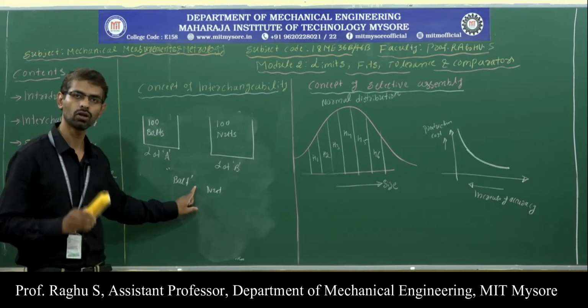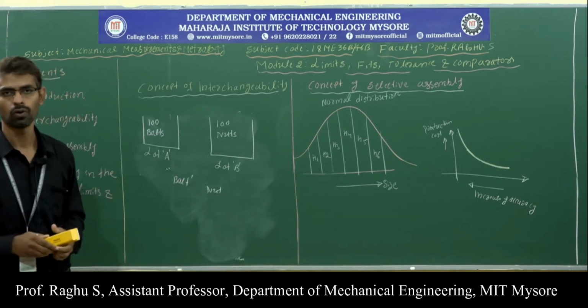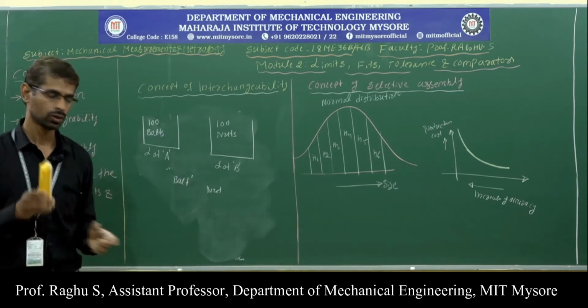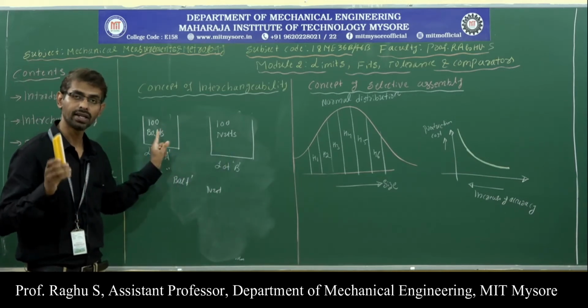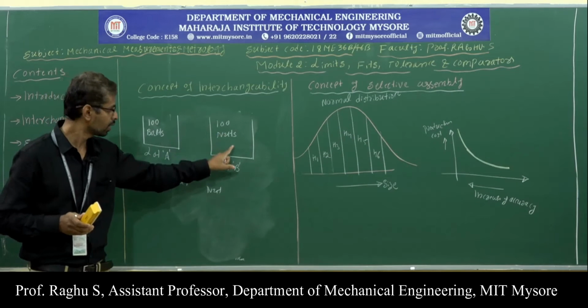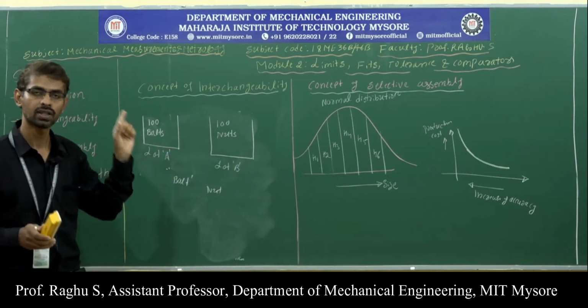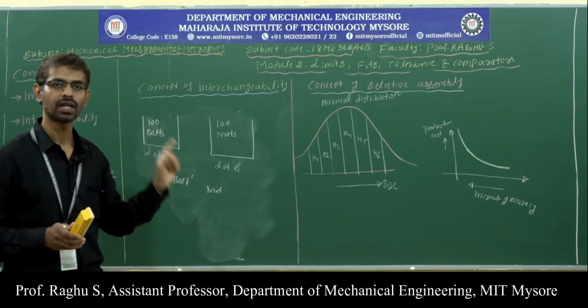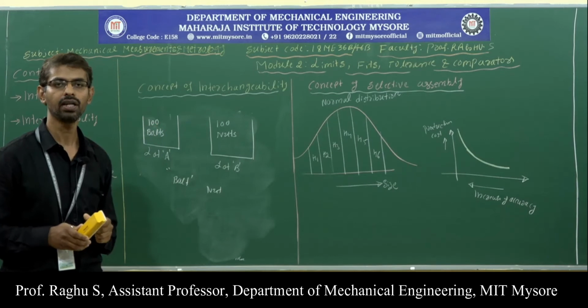If the assembly is not successful, then interchangeability is not followed. Consider 100 bolts and 100 nuts, take any one component randomly from each, and assemble these two elements. If the assembly is successful, we have achieved interchangeability in the manufacturing system.